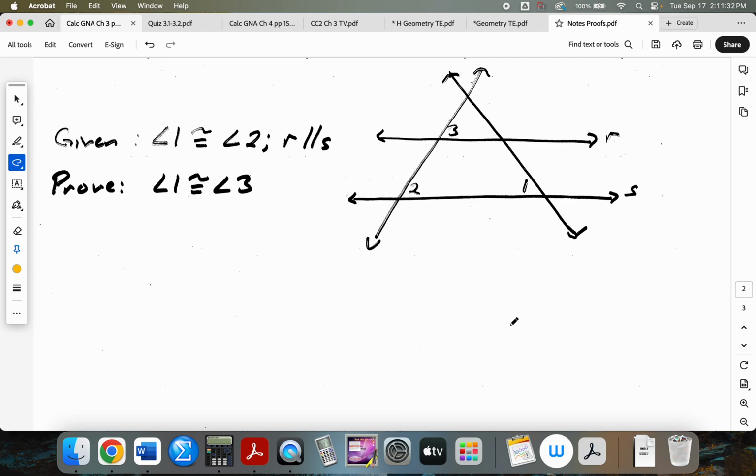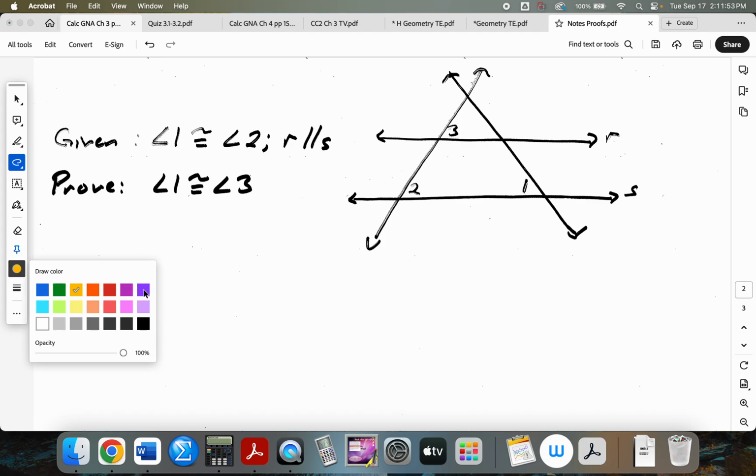Okay, so we're going to learn today about a new kind of problem that you haven't done before called a proof. This is where you're given some information and a diagram, and you're asked, prove that this is true. When you do this, there's more than one right way to do this, but we'll typically do what's called a two-column proof.